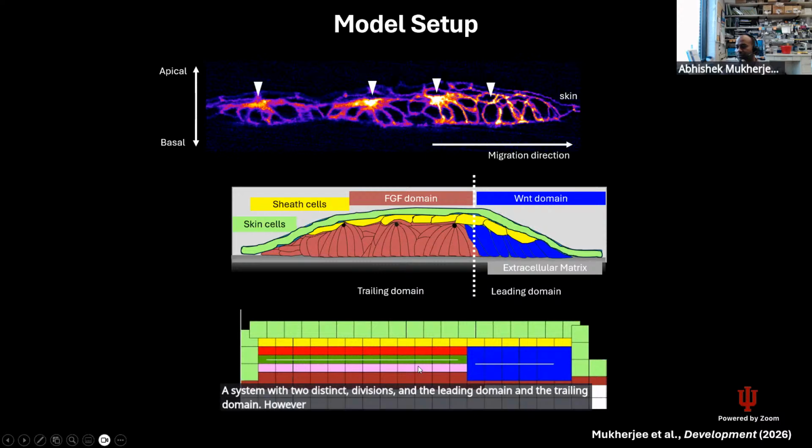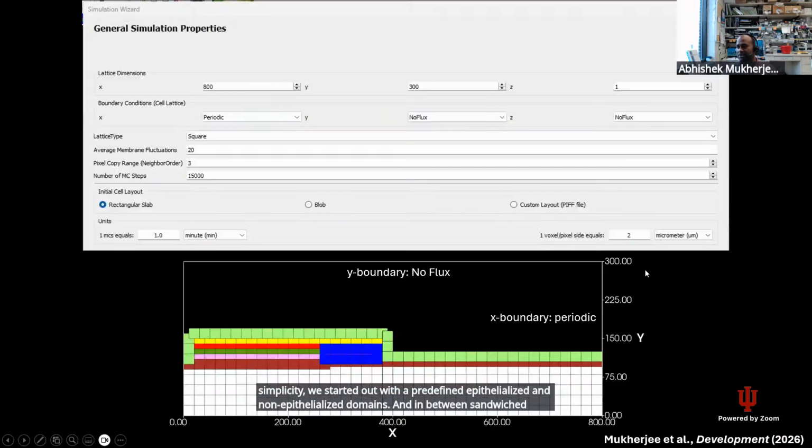In reality, that's not the case. If you look at time-lapse movies, the epithelialization starts gradually from the trailing domain and shifts like a wave towards the leading domain. But for simplicity, we started out with predefined epithelialized and non-epithelialized domains, and in between, sandwiched, are the sheath cells.